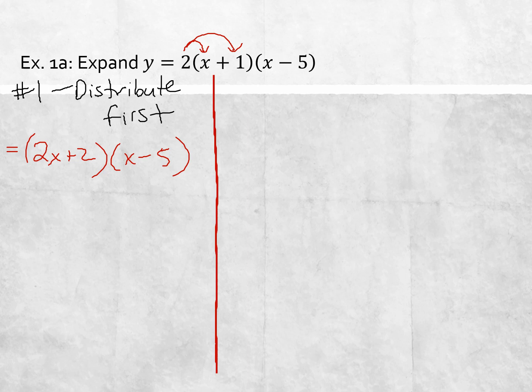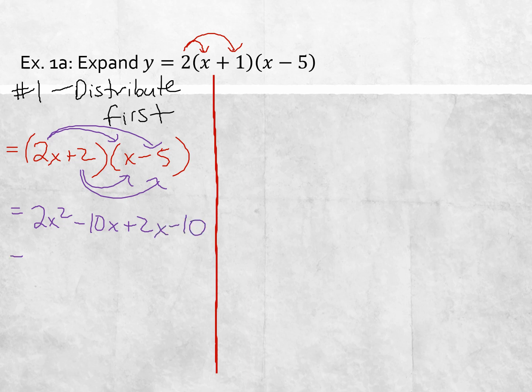So we have to do FOIL, first, outside, inside, last. And when you do that, you are going to end up with 2x squared minus 10x plus 2x minus 10. Collect like terms, those are the ones in the middle. So 2x squared minus 8x minus 10. So there's method number 1.